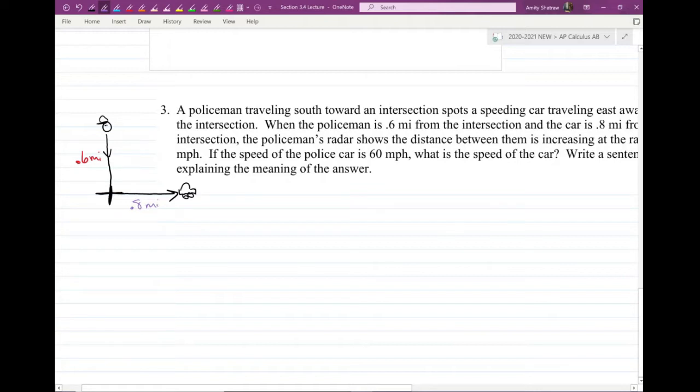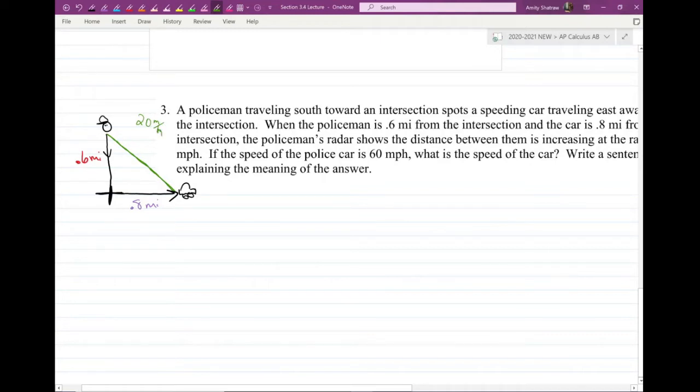And what it says is the policeman's radar shows the distance between them. Here's the hard part. This distance between them is increasing at a rate of 20 miles per hour. Well, the distance means this green piece is getting longer, and 20 miles per hour.